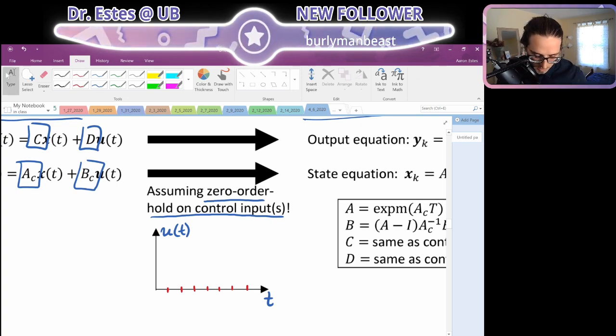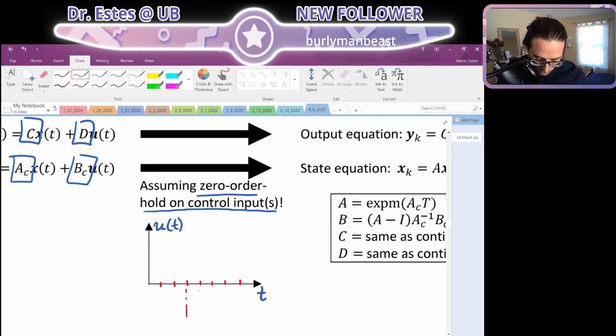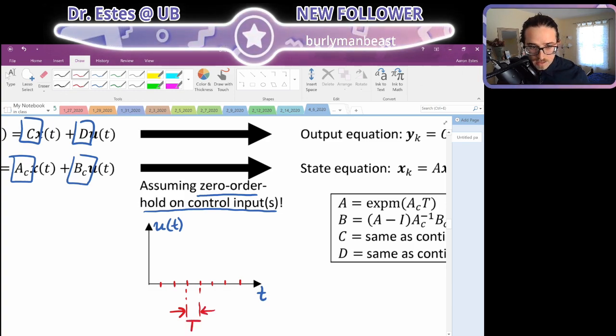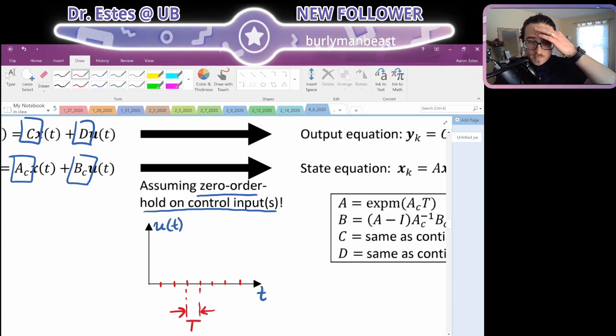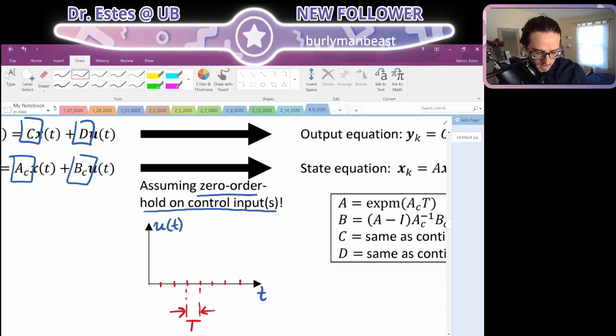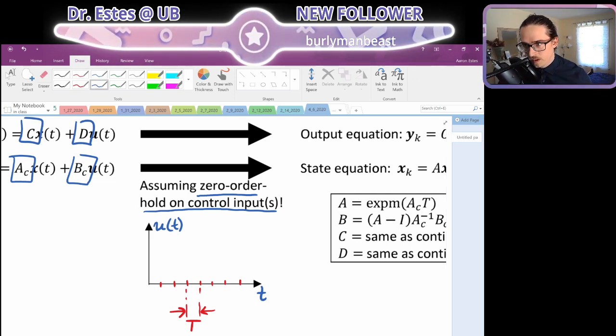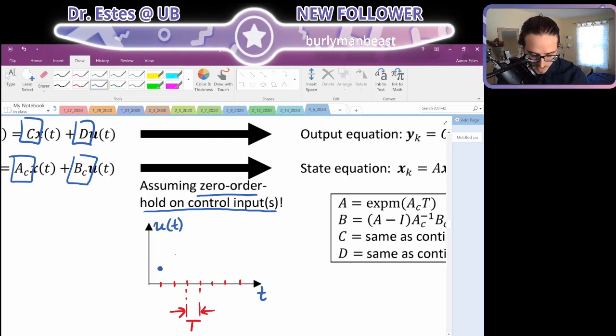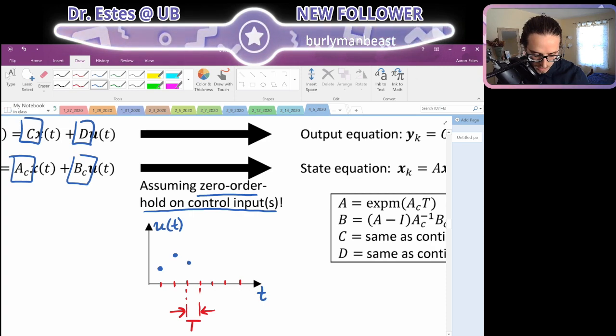So like each of these points in time is separated by T seconds, our sampling period. So that means our controller is only telling our system what the control should be at these points in time.